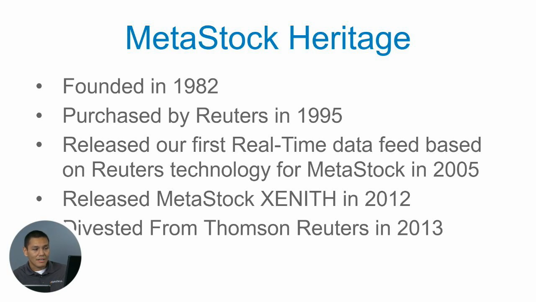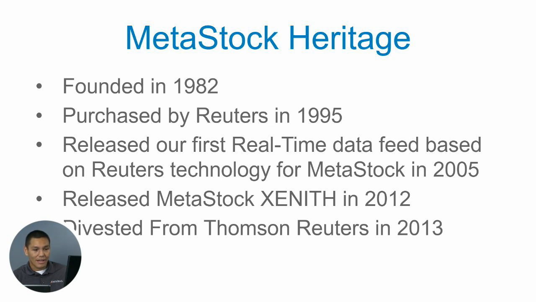MetaStock was founded in 1982, and we've been rated the number one technical analysis software for 26 years in a row now, according to Stocks and Commodities magazine, which is as long as I've been alive. They were purchased by Reuters, now known as Refinitiv, in 1995, and then released their first real-time data feed based on Reuters technology in 2005, which is Zenith, and we'll get into that more at a later time.